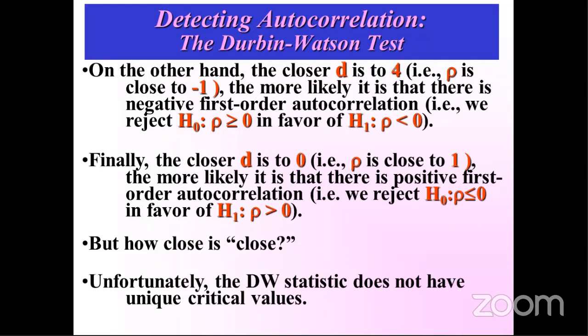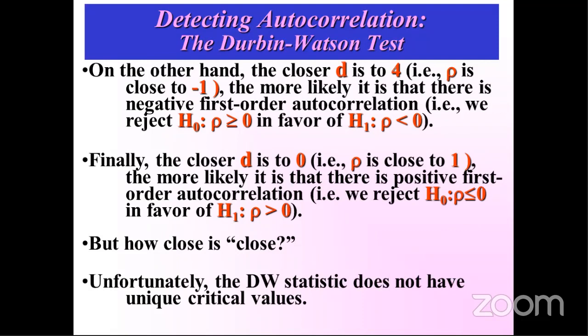But the question is how close is close. Whether 1.9 is close to 2, whether 1.8 is close to 2, 2.1 is close to 2, or 0.8 is close to 0. We cannot draw any conclusion just by the above three statements: closer to 2, closer to 4, closer to 0.